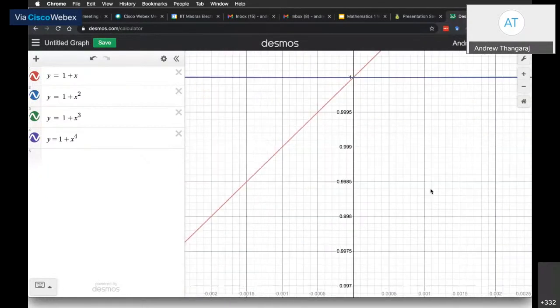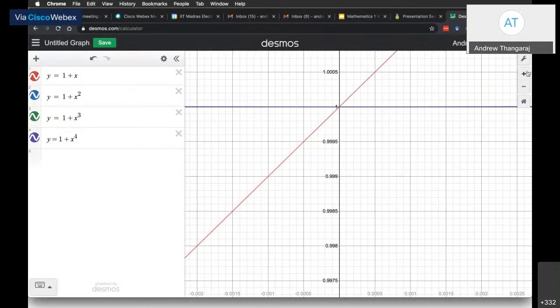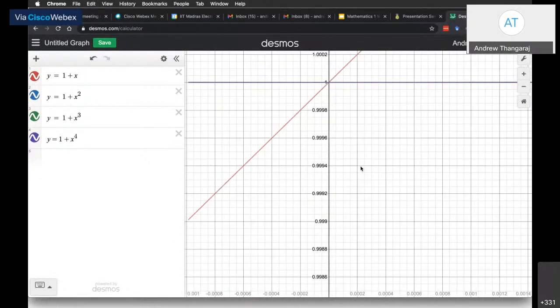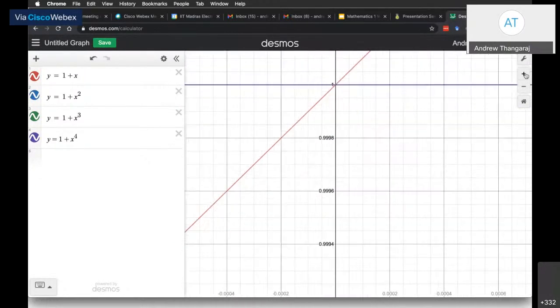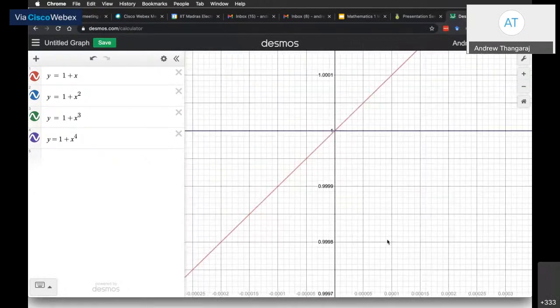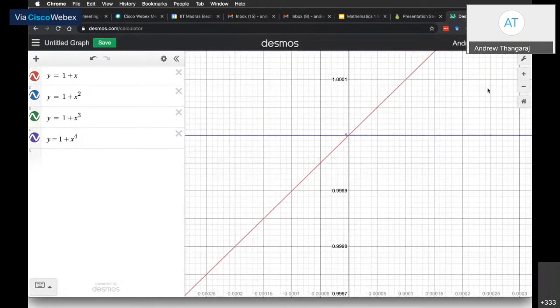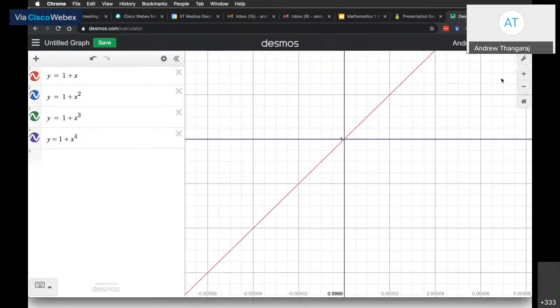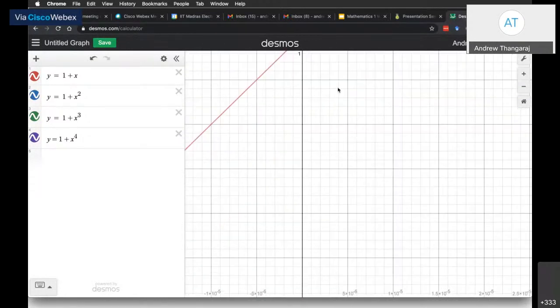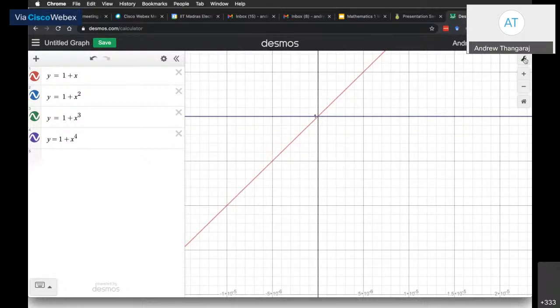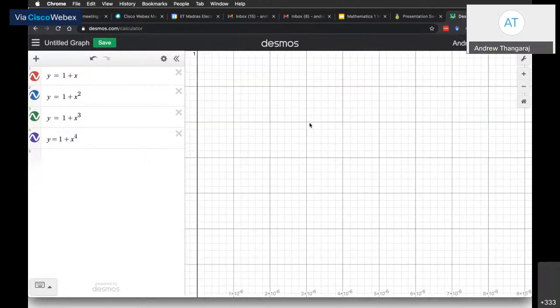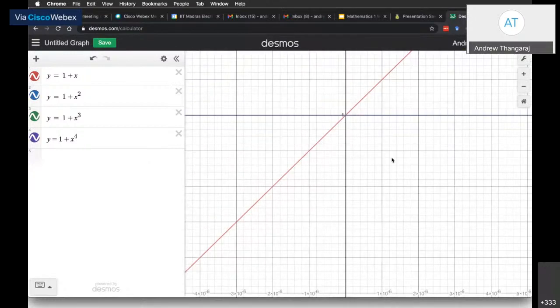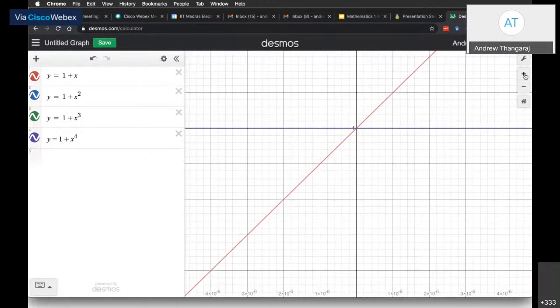That's why these plots and numbers can be quite misleading. You have to be very careful and be aware of how this works. If you keep on zooming in, eventually you'll see a slow shift out of the flatness.